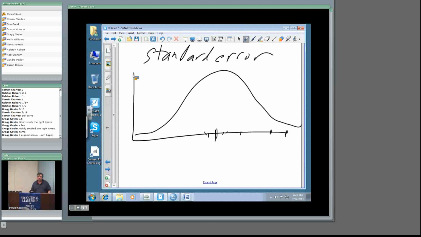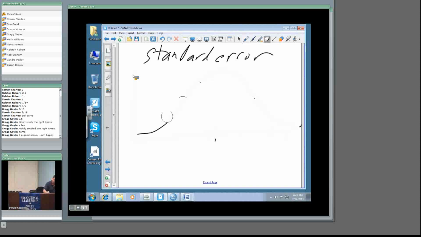Here's the way we calculate error. Page 200. Told you we'd use this symbol. Lowercase sigma sub x bar means standard error of the mean.